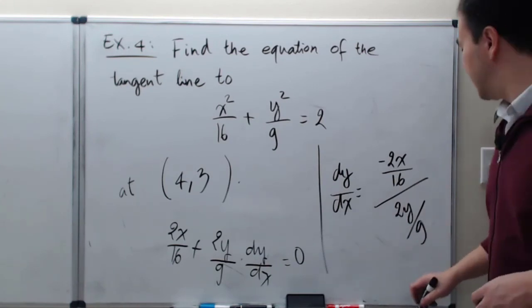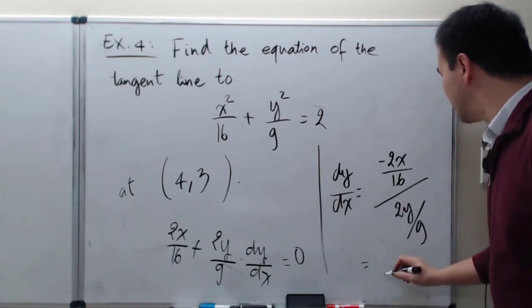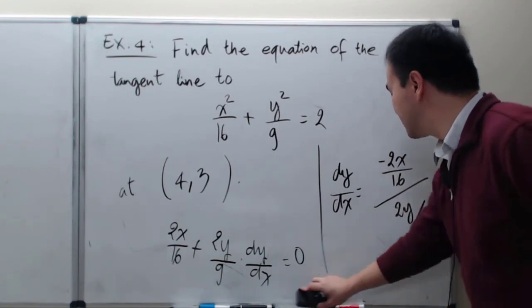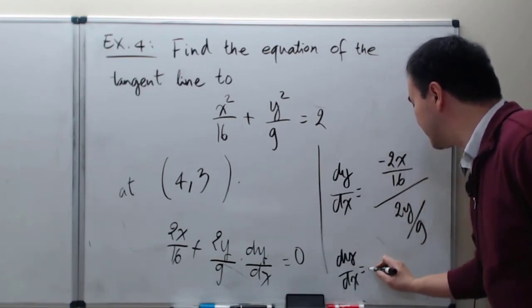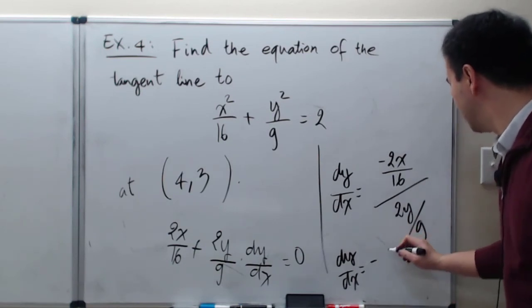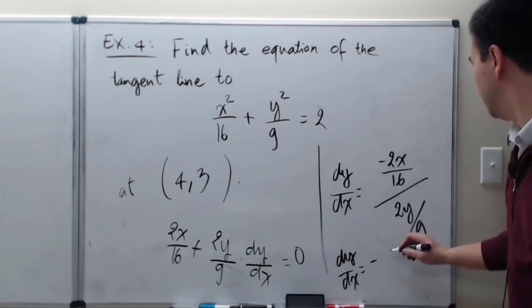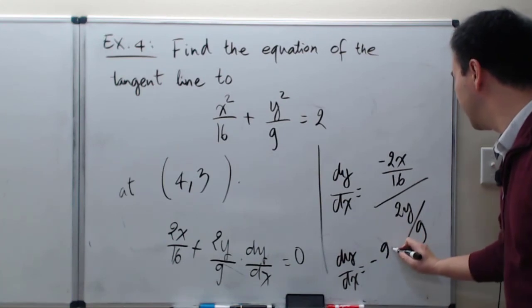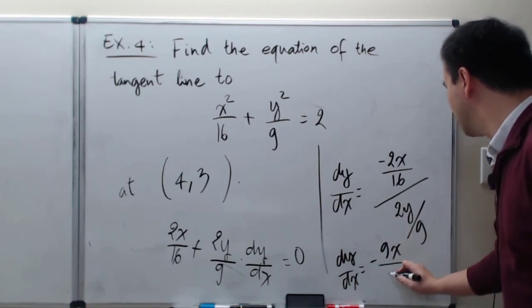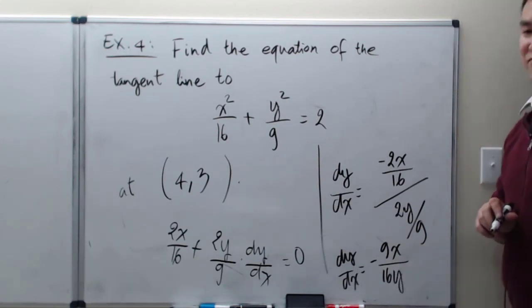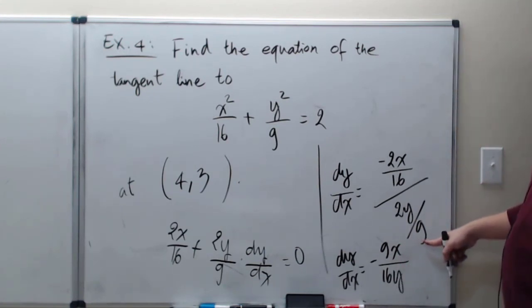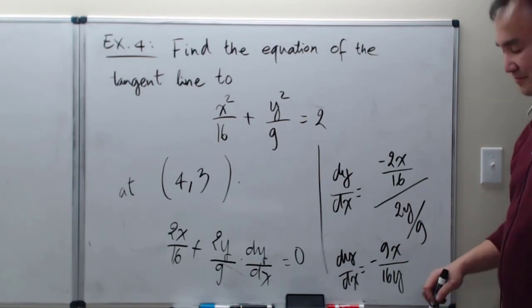In other words, our final dy dx is minus 9x over 16y algebraically. Minus 9x over 16y.